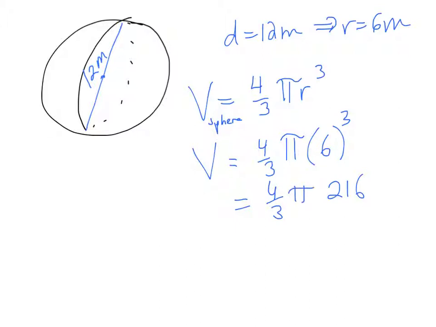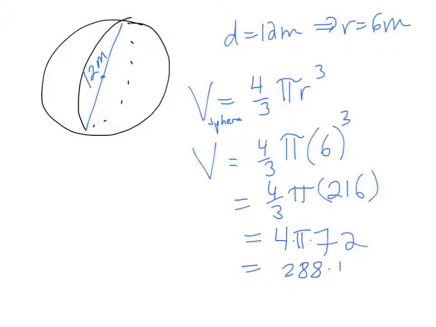And now don't worry about this 4/3. All it really means is multiply by 4 and divide by 3. So let's first try and divide by 3 because that'll make our answer smaller first, and then we'll multiply by 4. Well, 3 goes into 21 7 times, and it goes into 6 twice. So I know that 216 divided by 3 is 72, and I still need to multiply by 4 and by pi. 4 times 70 is 280. 4 times 2 is 8, so we have 288.